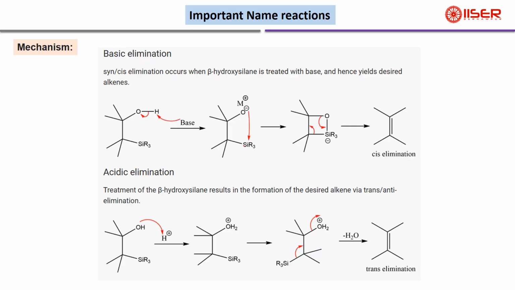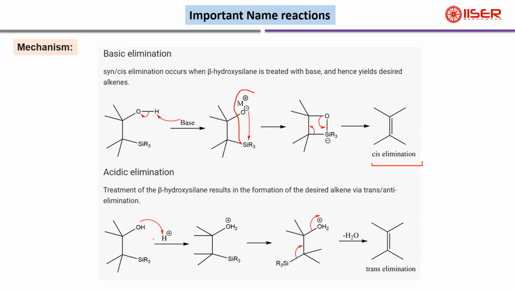After that O minus will attack and form an oxasiletane intermediate, and it undergoes a similar type of ring cleavage to form this. So if it is a base catalyzed reaction, it always undergoes syn elimination, because for formation of this cyclic intermediate, you always need O minus and silicon in the same plane. That's why it undergoes syn elimination.